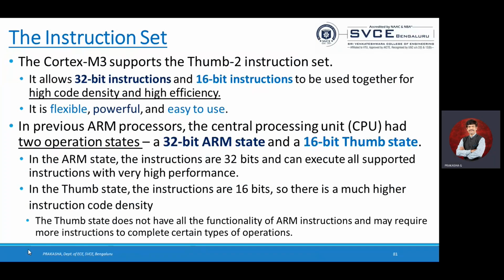I'm having LDR, LDR, LDR, and later I'm having B as the instruction. The last but one instruction is this one, I think. And after this one, I'm going to have the END. If you have the lab manual, you will have checked it.